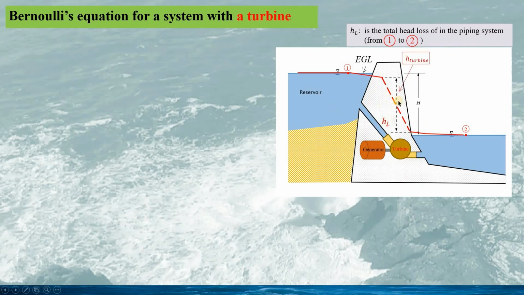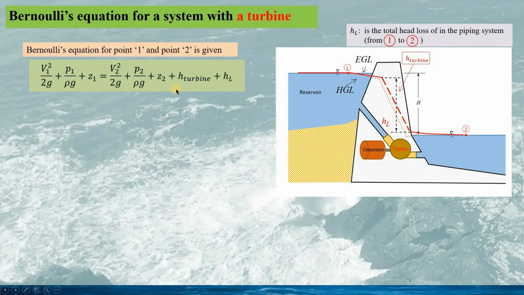Here we can see a big drop of the energy grade line, H turbine, across the turbine. And this pressure drop is used to drive the turbine to generate the power. If we draw the hydraulic grade line, it would be something like this.